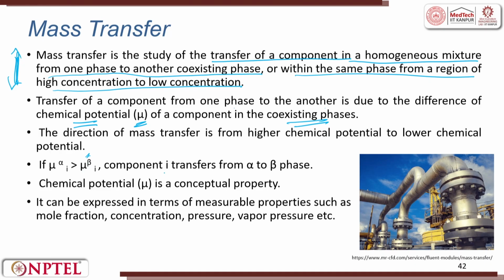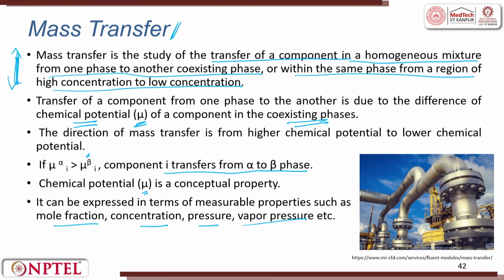The component i transfers from the alpha to the beta phase. The chemical potential is a conceptual property. It can be expressed in terms of measurable properties such as mole fraction, concentration, pressure, vapor pressure, etc.